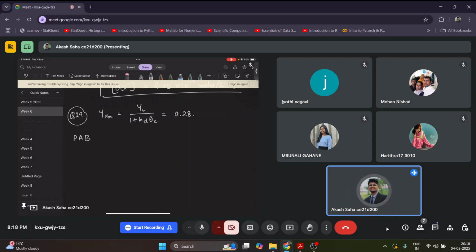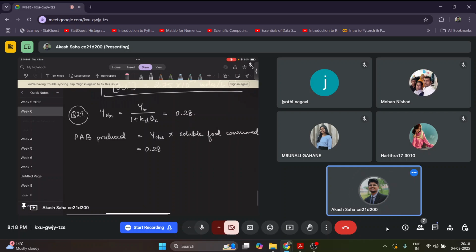Now, what is the amount of phosphorus accumulating bacteria that will be produced? This will be equal to Y observed into the soluble food consumed. Y observed is 0.28 and the soluble food is the BSCOD, so it will be 0.28 into 50, that is 14 milligram.